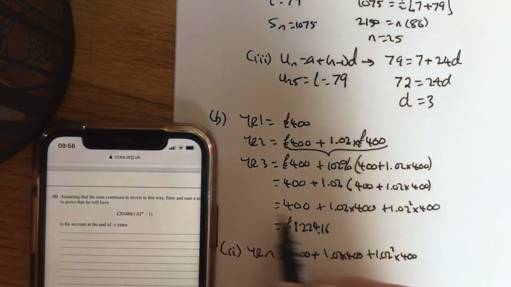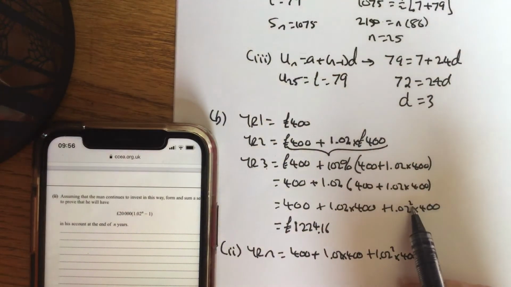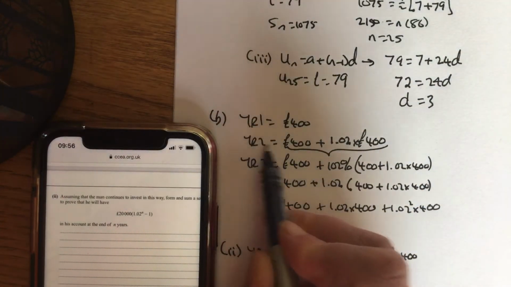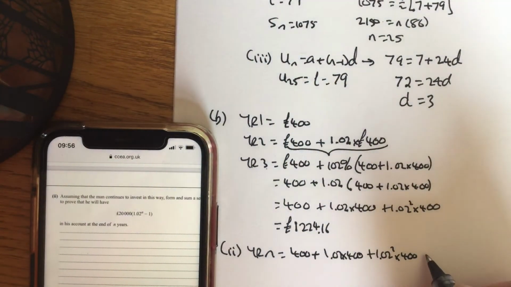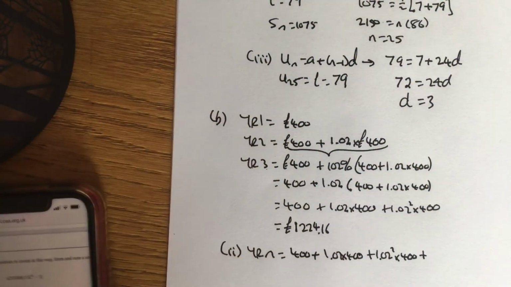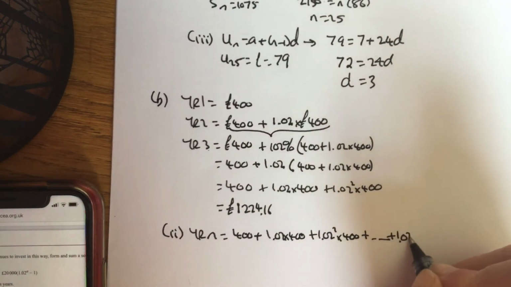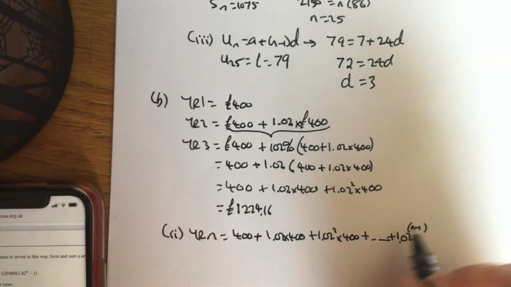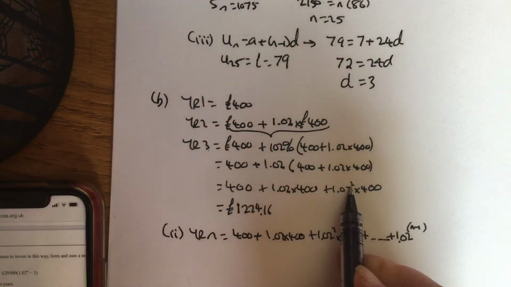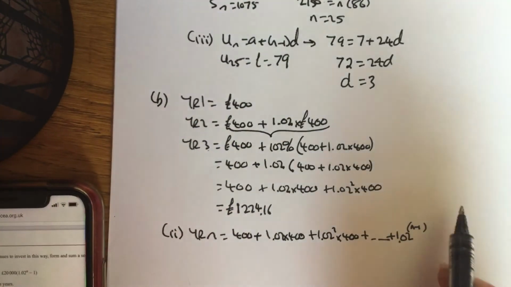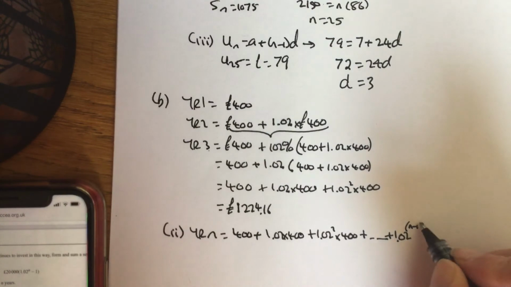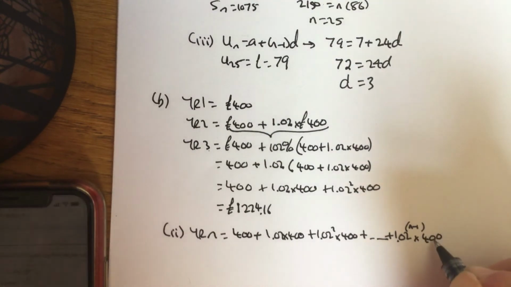If you have a look, year 3 went up to squared. Year 2 went up to the power of 1. So year n is going to go up to the power of n minus 1. So it will be 1.02 to the n minus 1. So year 3 went up to 2, so year 4 will go up to 3. So year n will go up to n minus 1, times 400.